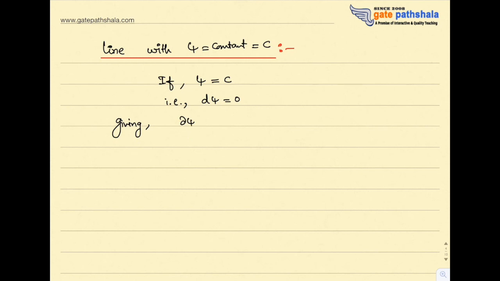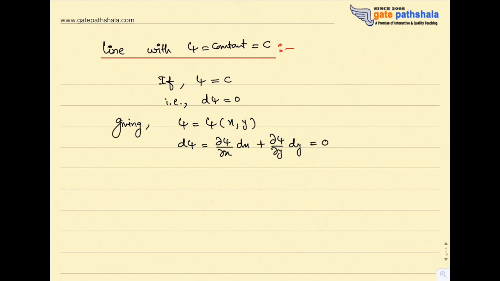So before we begin with writing back, if I write psi as a function of x comma y, I can write d psi equals to dou psi by dou x into dx plus dou psi by dou y into dy. And along the line with psi equals to c, this gives us 0.